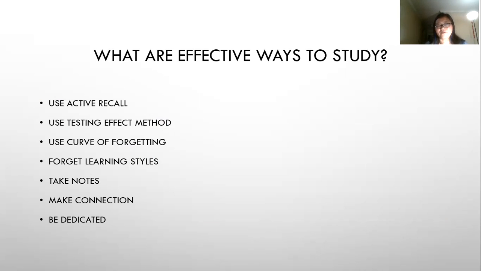Now, what are effective ways to study? They include using active recall, using the testing effect method, using the curve of forgetting, learning styles, taking notes, making connections, and being dedicated.